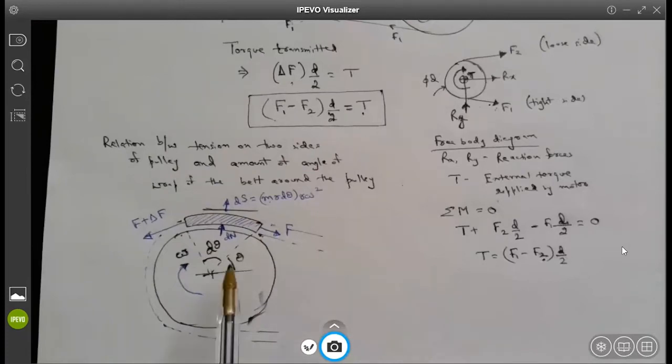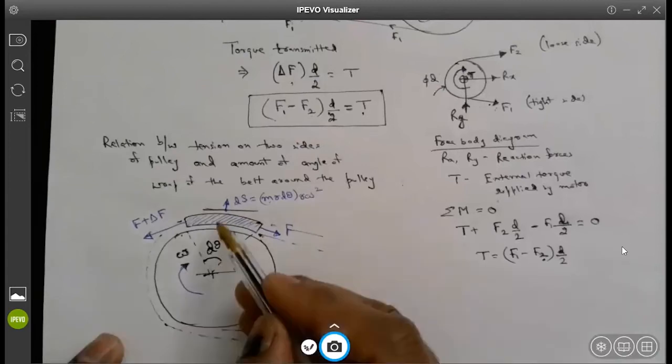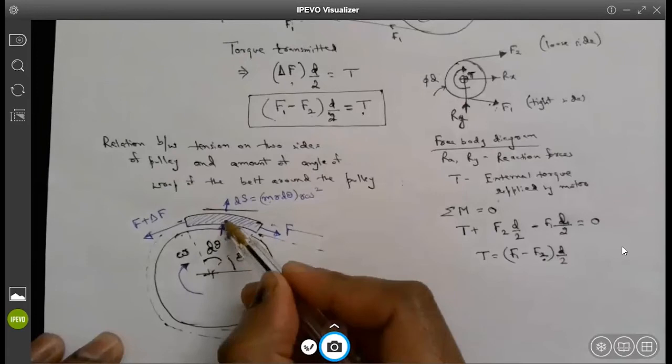That's a good argument, but which component will experience that opposing to omega? The tight side of the... Okay, so there are two surfaces here. One is a belt surface, one is a pulley surface, right?